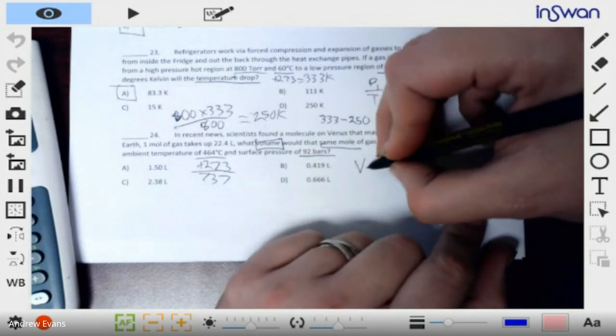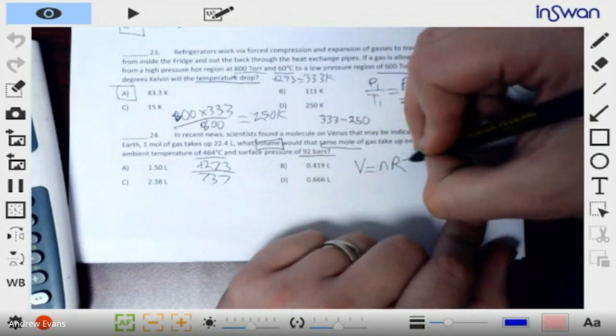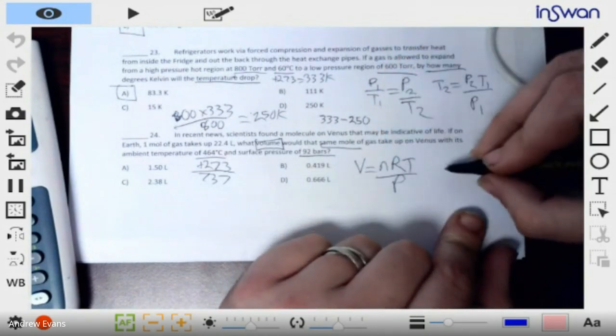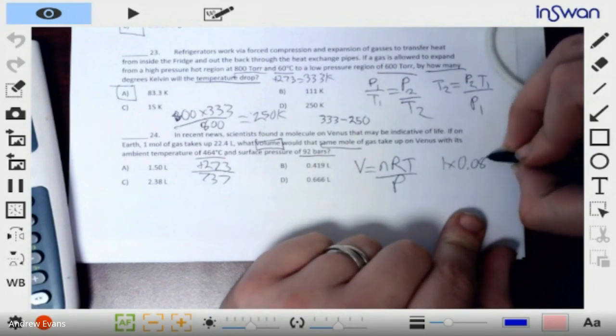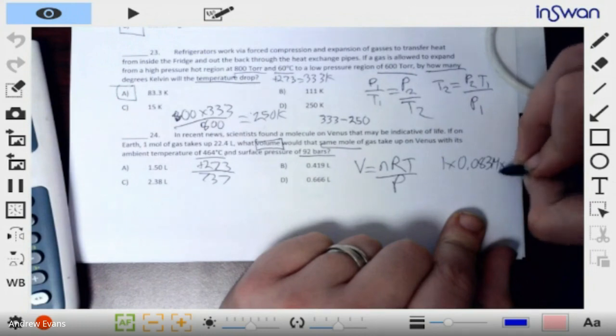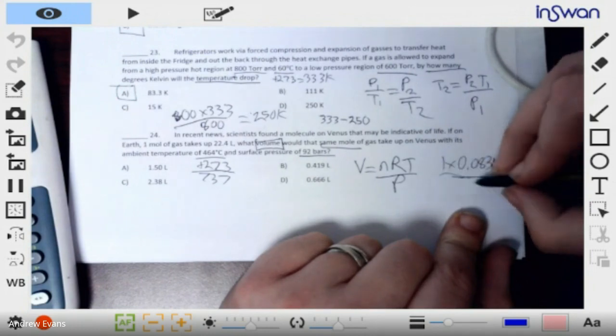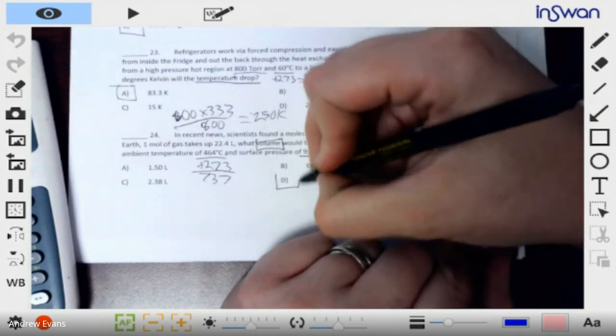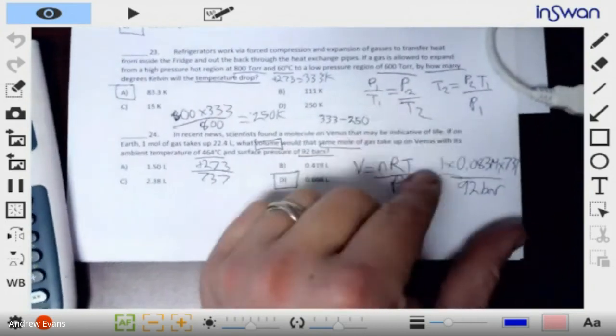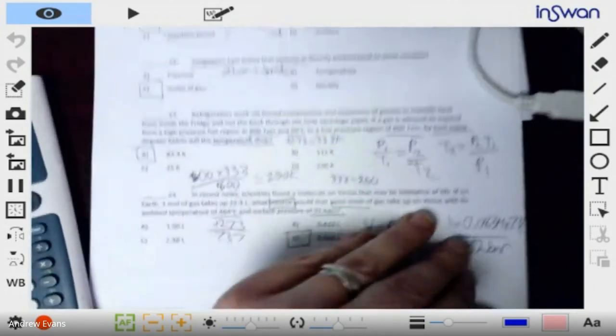So V equals nRT over P. n is 1. R is R. T is 373. And P is 92 bar. You do that math, you get the answer is 0.666 liters.